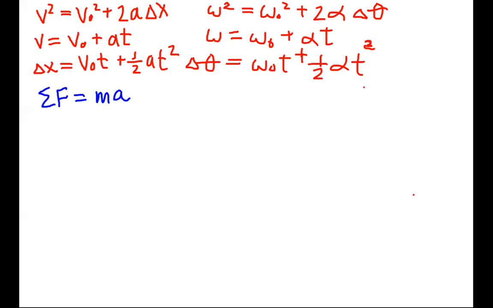And for forces specifically, we have Hooke's law, which is F equals negative k, the spring constant, times x, which is the compression or stretch of the spring. Okay, so those are the forces that go along with that.